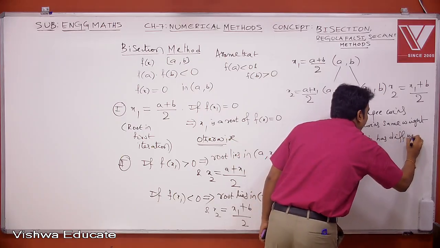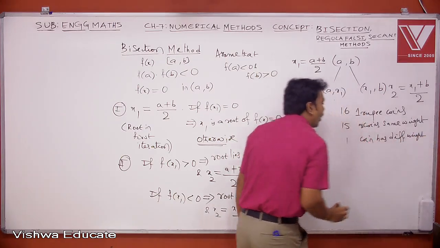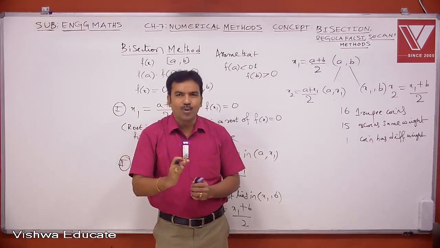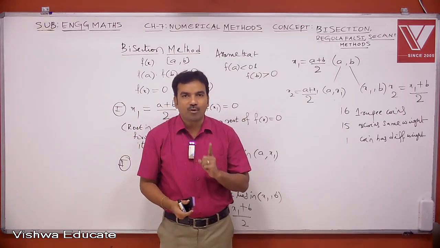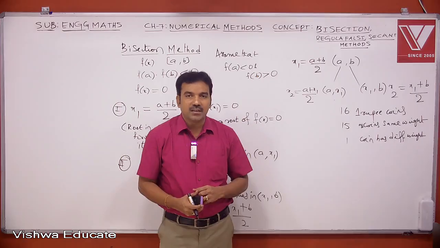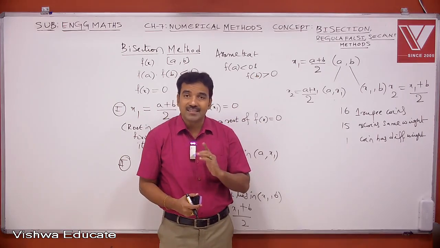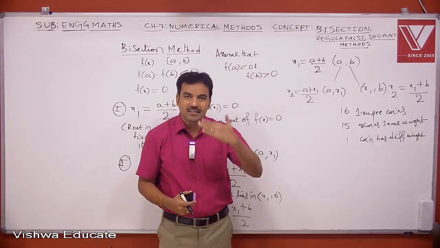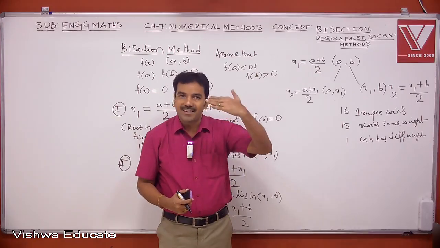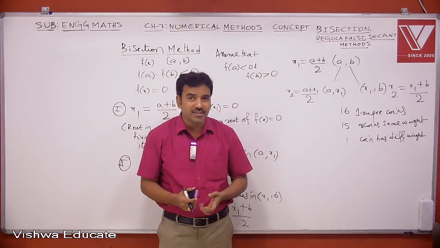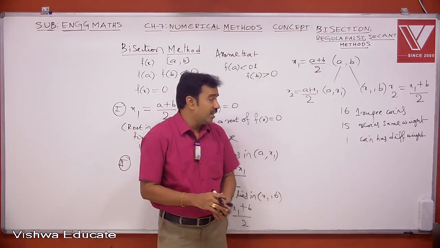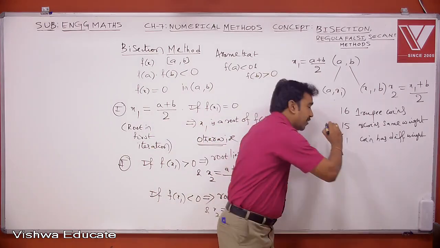All are mixed and all look the same. Among those 16, 15 coins have the same weight, and one of the remaining coins has a different weight. It may be slightly low or slightly high, but all look the same. Then I need to identify the coin having a different weight.